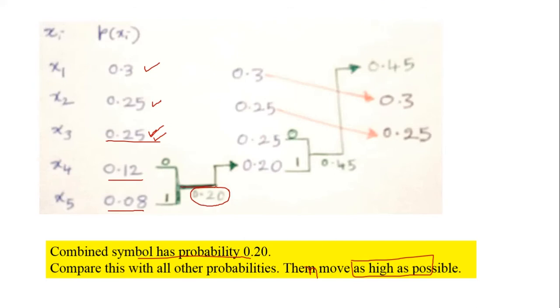So I move this symbol here, 0.20, in the place of 0.2. Move as high as possible, because 0.25 is much greater than 0.2, we cannot move further.